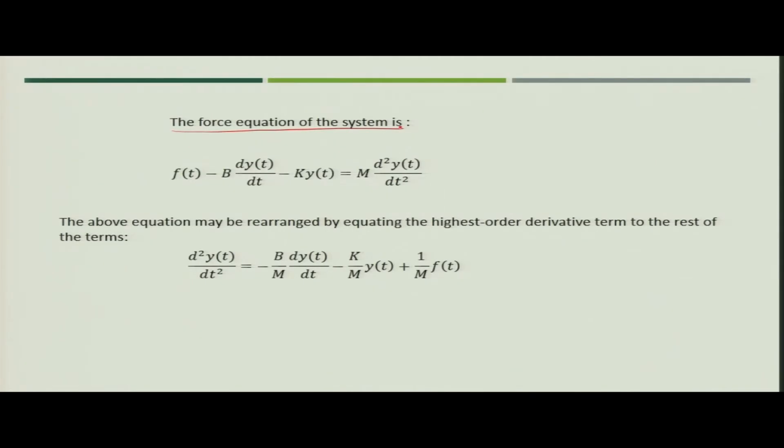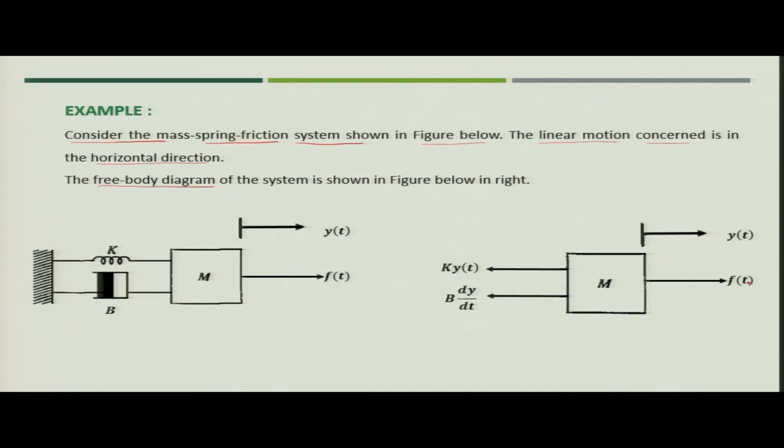Now, if we compile the force equation of the system, what can we write? We can write F(t) is the force which is applying in this direction, since these two are in the opposite direction. F(t) minus k y(t) minus b dy by dt is equal to the net force which is responsible for mass m to move.